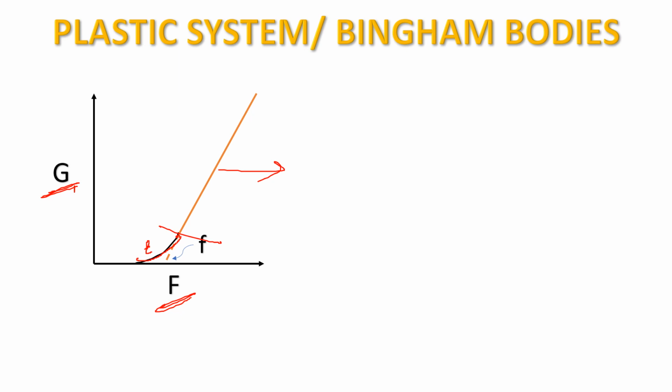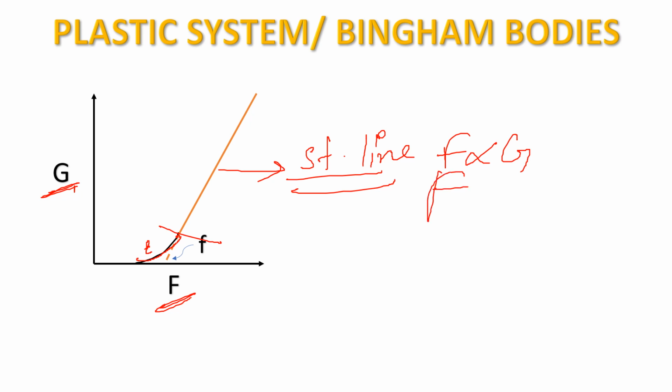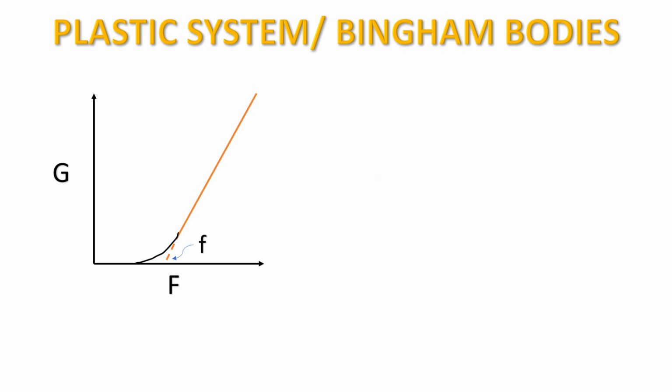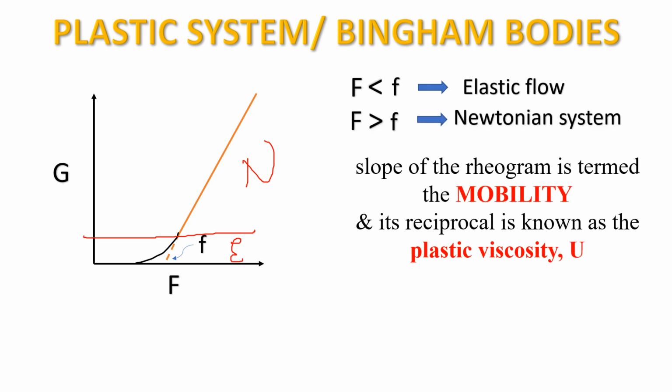A special thing we saw about the Newtonian system is that it follows a straight line graph, and the slope will be constant. If you take the slope at any point, it will be constant. Am I right? So below the yield value, it is elastic. Above the yield value, it is a Newtonian system. So this is what we have discussed.